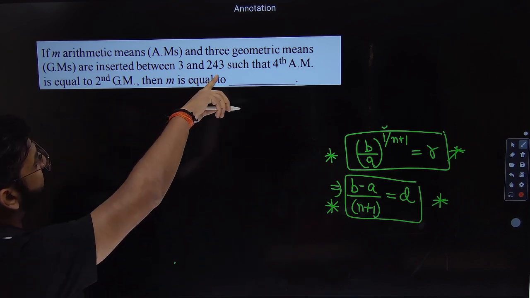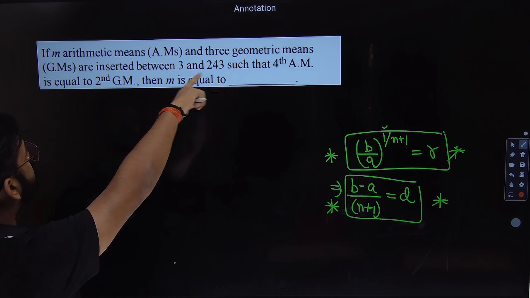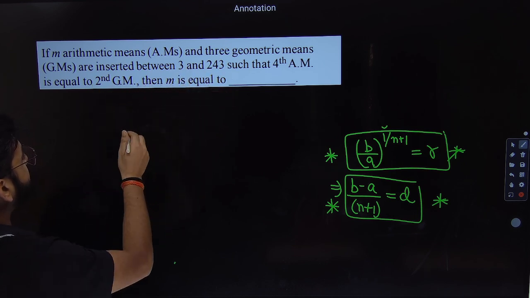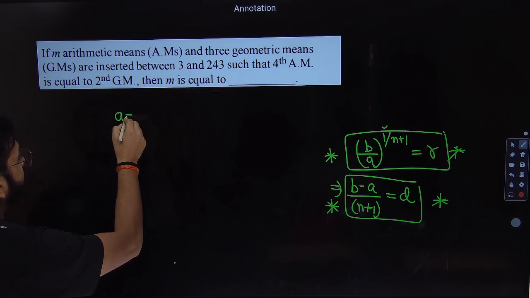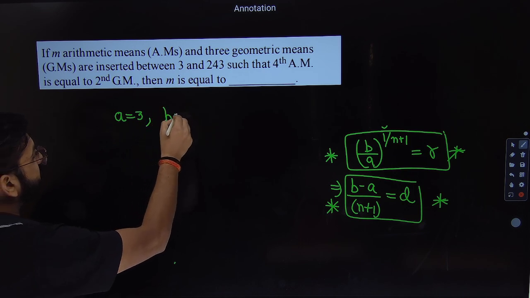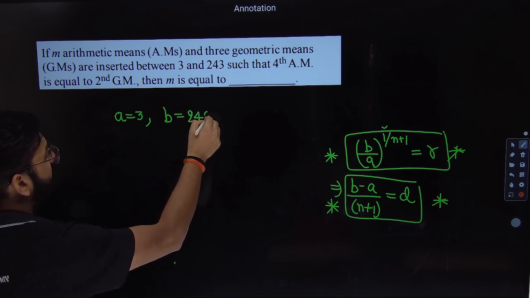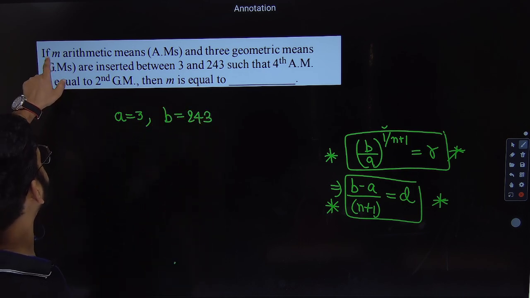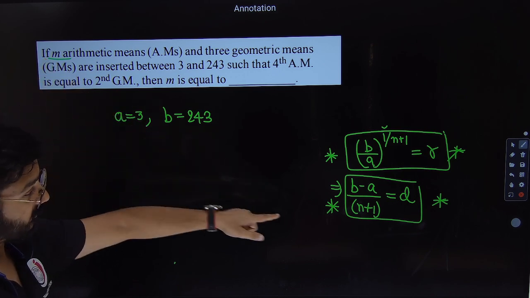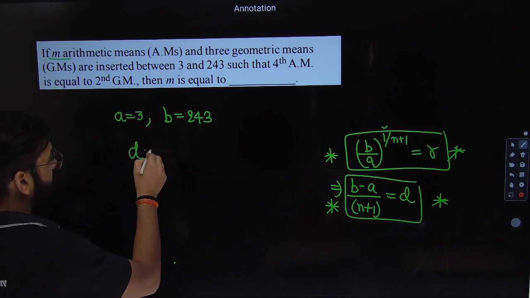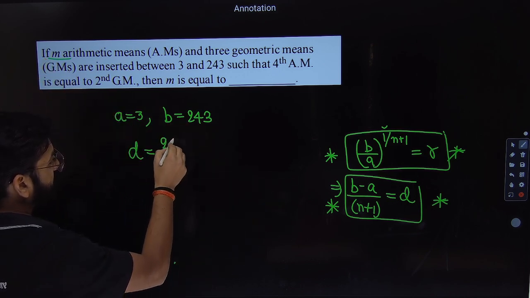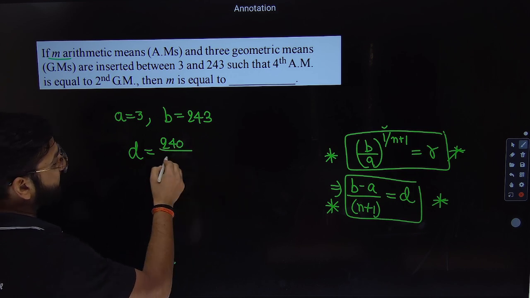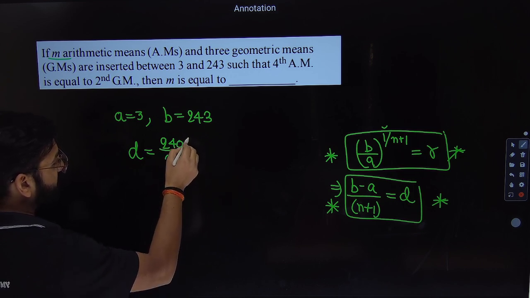So M arithmetic means and 3 geometric means are inserted between 3 and 243. What is A here? 3. B is 243. How many arithmetic means are inserted? M. So what will be the common difference? B minus A, 240 divided by M plus 1.